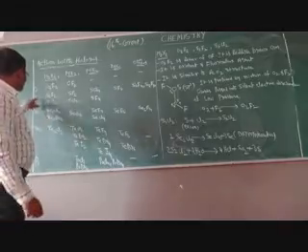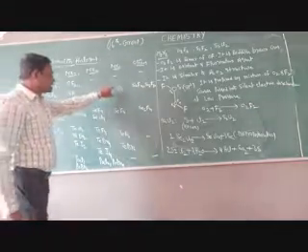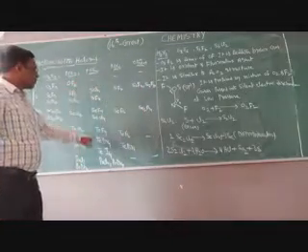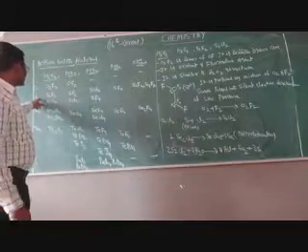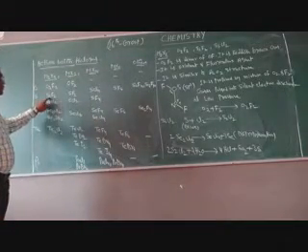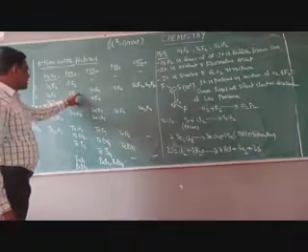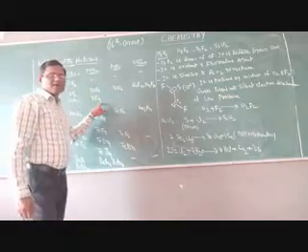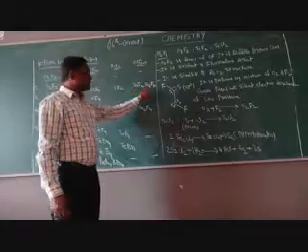But sulfur, selenium and tellurium form mono, di, tetra, hexa as well as some other halides. Here is given the list of various types of halides. For example, sulfur forms sulfur monochloride, sulfur dichloride, sulfur tetrachloride, sulfur hexachloride, and others also.